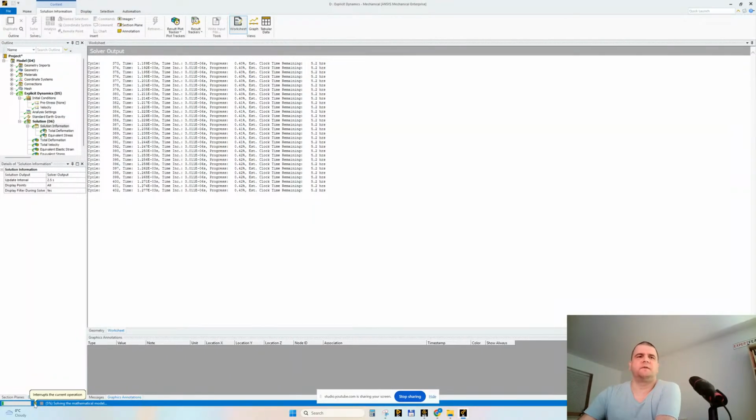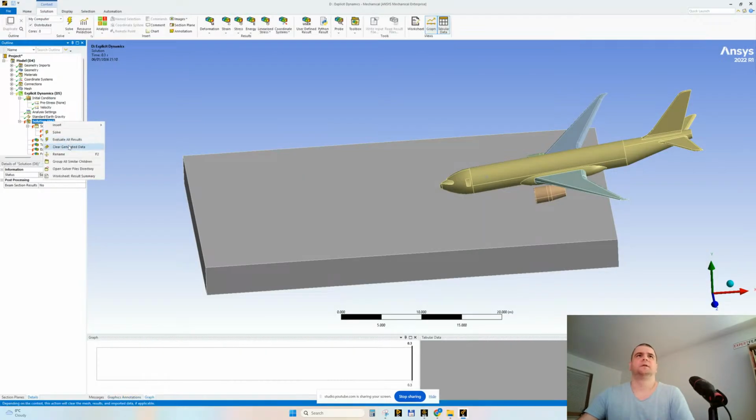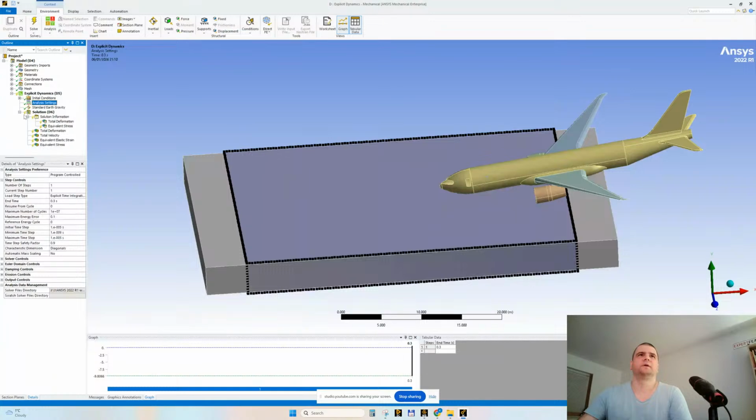Let's leave everything as program controlled. When we had it as program controlled, we obtained 0. You need to write 0, okay? 0, enter, 0, enter. When we had everything as program controlled, we had 2.5 hours for solving, yes? So we are as we were.